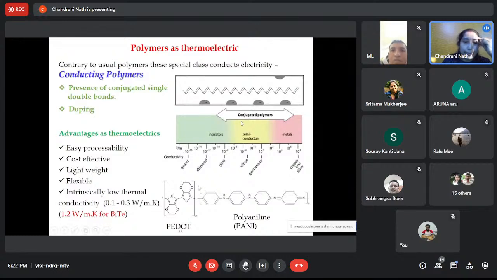As I've already said, ZT needs low thermal conductivity, so these polymers are very interesting because they can be tuned. They usually come in the semiconductor range, and since they have intrinsically low thermal conductivity, they can have important implications as possible thermoelectric materials.